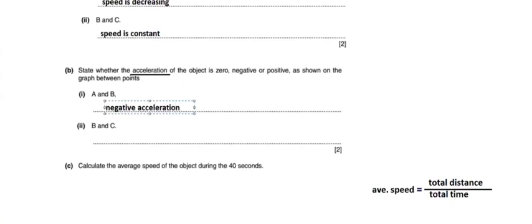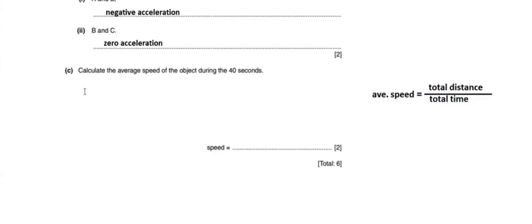And from B to C, we have a constant speed, so the value of the acceleration will be 0. So here we can say it is 0 acceleration. So the speed time graph is giving us the idea of speed, and then from this speed we are estimating what could be the value of acceleration.